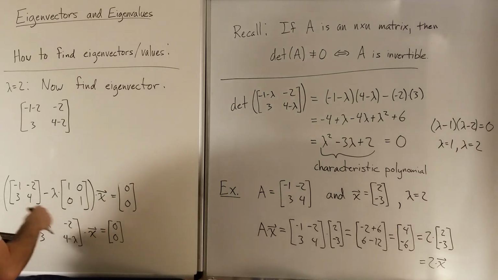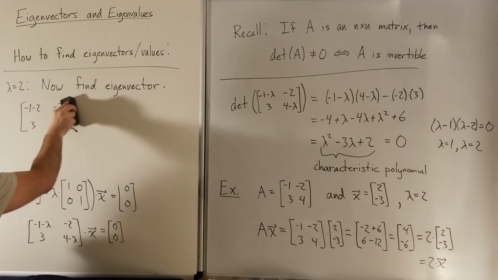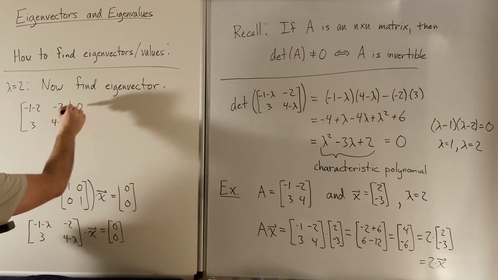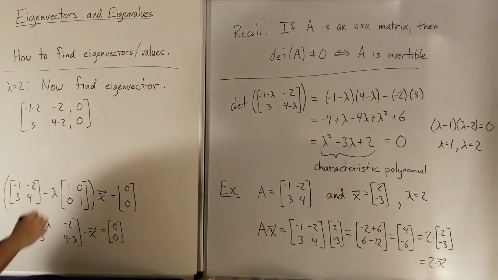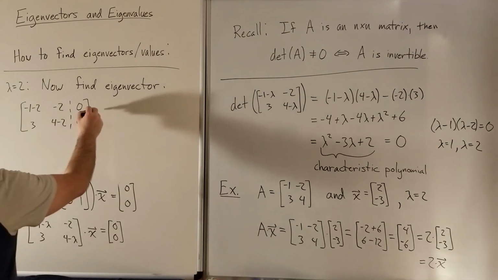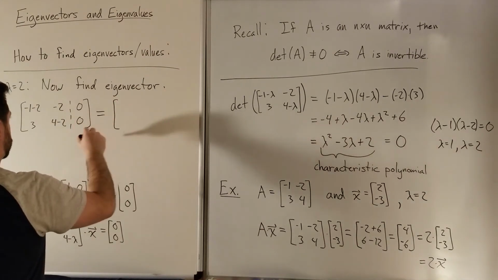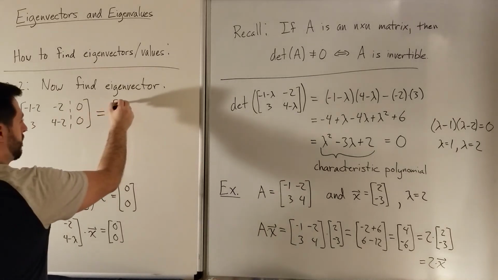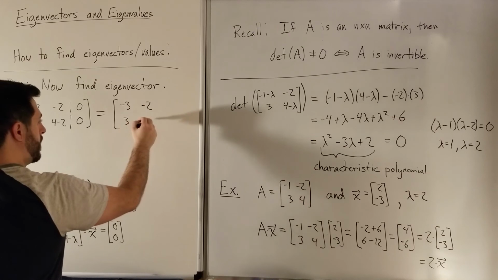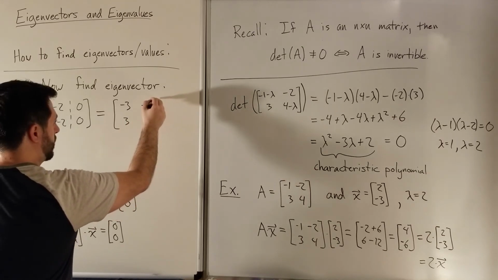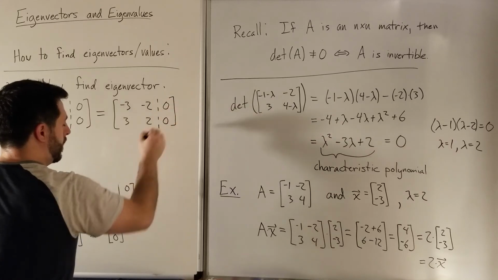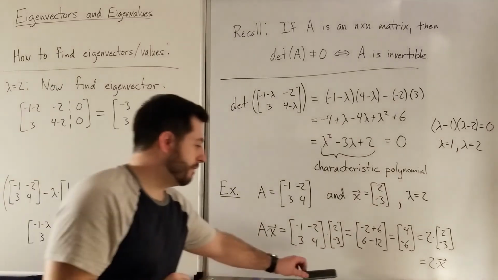I'm solving this equal to 0, so I'm just going to go ahead and augment this right now. That's the same thing as saying -1 minus 2 is -3, -2, 3, and 2. Whatever matrix you get here, remember, is not going to be invertible.